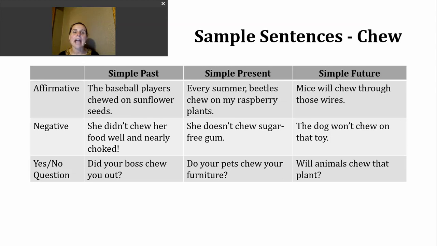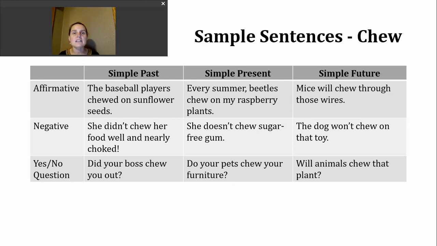Next, let's look at simple present. For this verb tense, I'm describing habits, routines, and facts. In the affirmative, if my subject is I, you, we, or they, then my verb is just the base verb, no change in spelling.